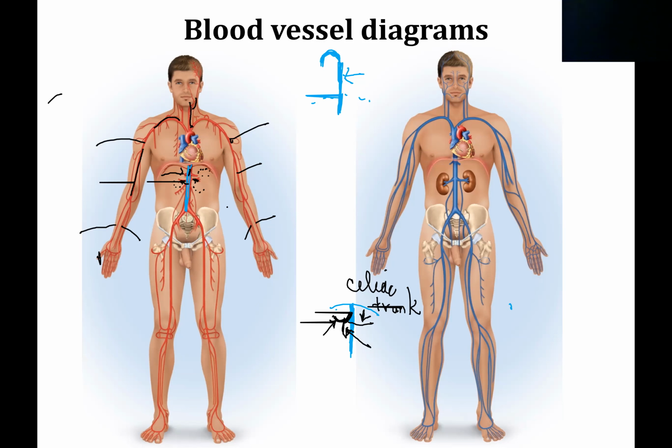Again, you may have to stop the video and blow it up so you can see where I'm pointing. The next single tube coming off is the superior mesenteric artery.